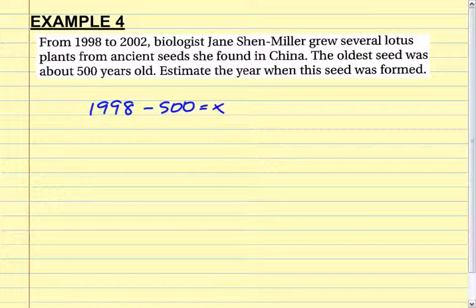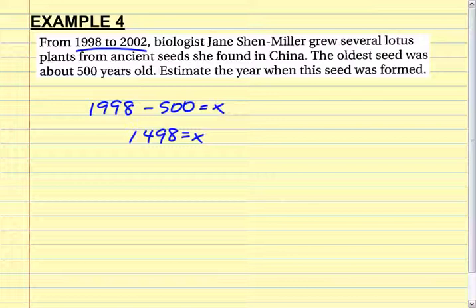So when we solve this, what do you get here, Hannah, when I do that subtraction? You would get 1,498. So about 1498. They said estimate. Remember, she did this from 1998 to 2002. If it were exactly 4, you were just estimating.